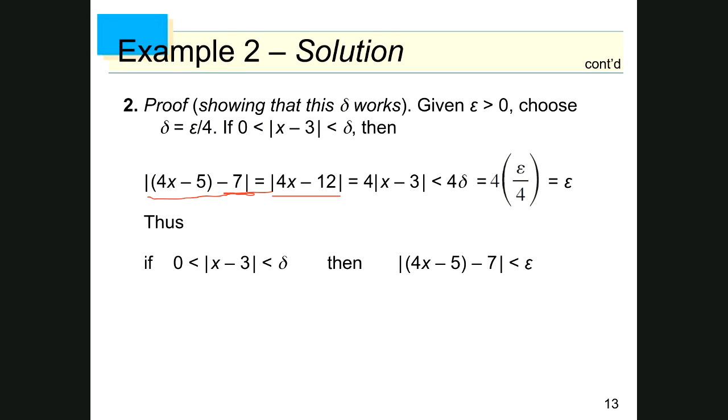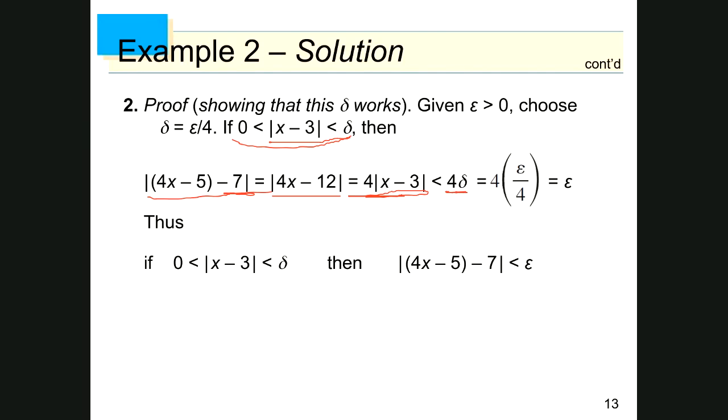If you factor out 4, take note at this step, because you say that the distance between x and 3 is less than delta, therefore if you multiply all three here by 4, you just end up getting something less than 4 times delta. So 4 times this will be 4 times delta. I hope that makes sense.